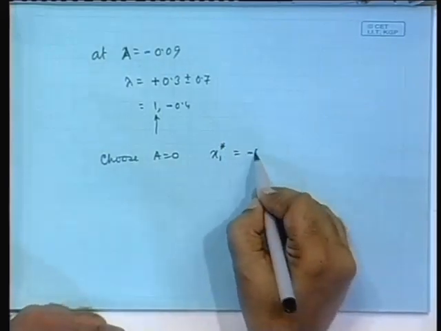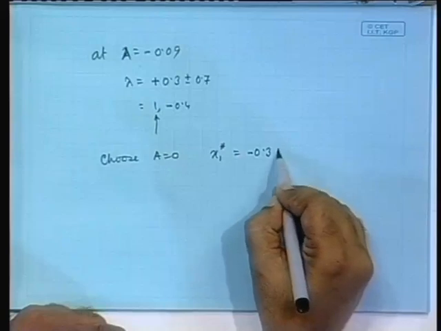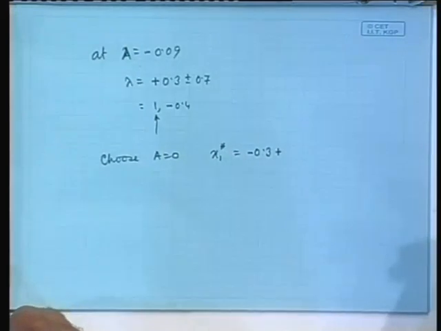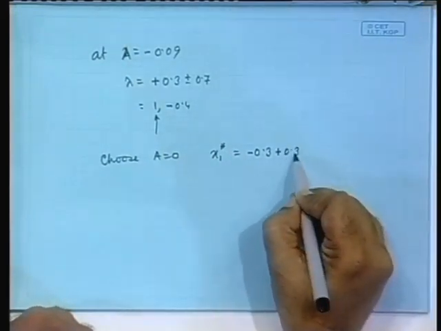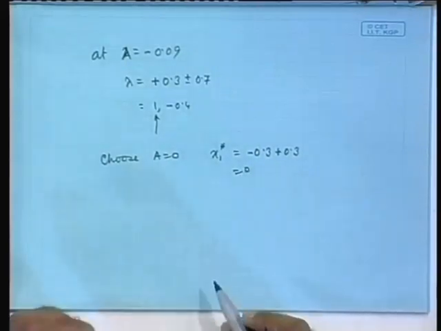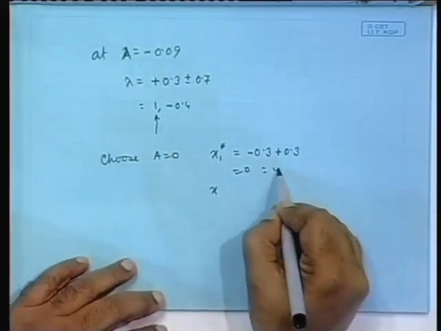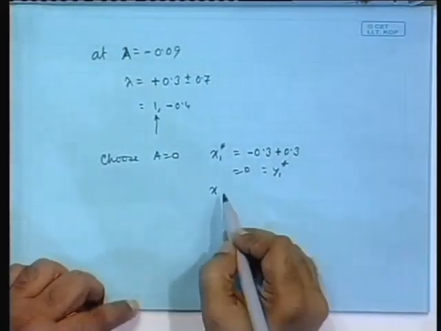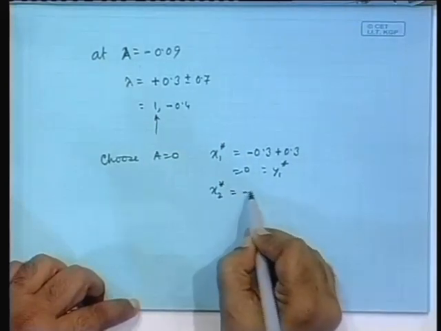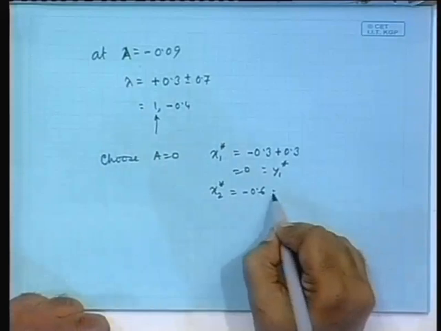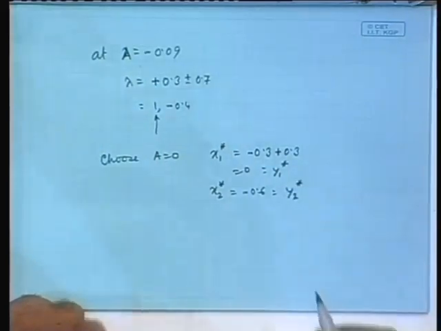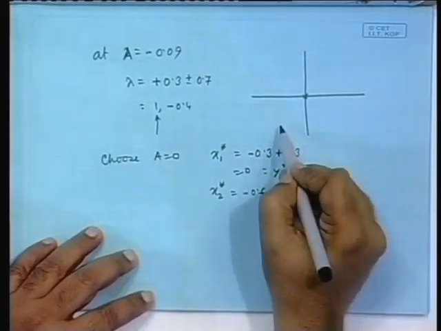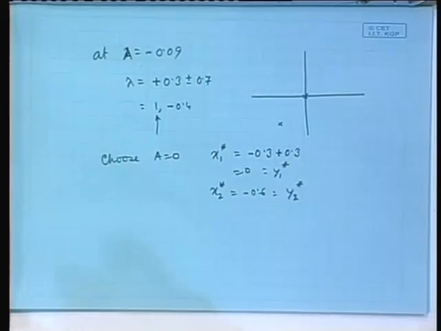It would be minus 0.3 plus 0.09, so 0. This is equal to y1 star. So, one fellow is situated at the origin, the other fellow is situated at the other point. If you have this as the state space, one is here, another here, right.